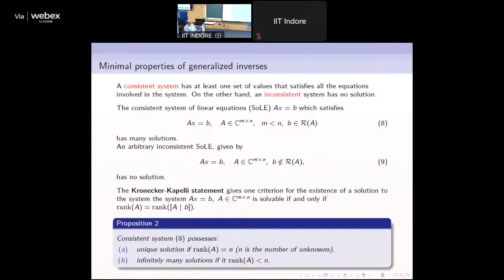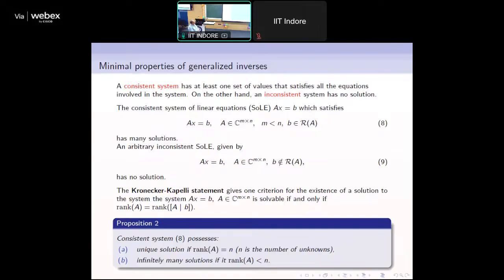We will say that such a system is inconsistent. There is a practical tool in linear algebra to find out if a system is consistent or not, the well-known Kronecker-Capelli statement, frequently investigated in many faculty courses.